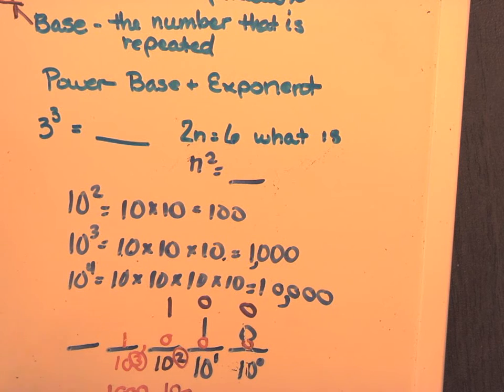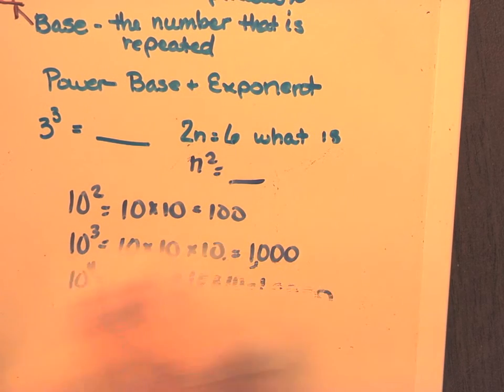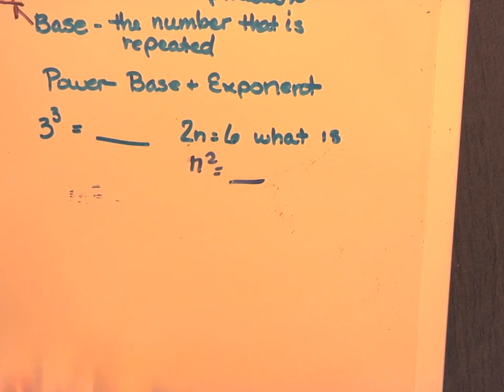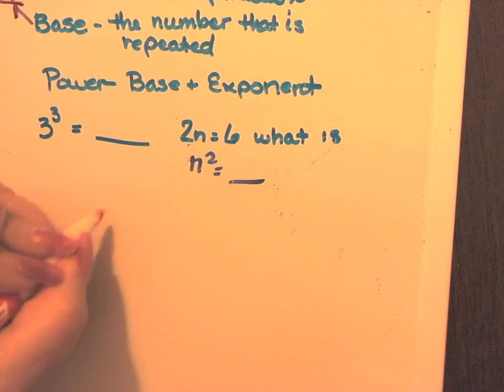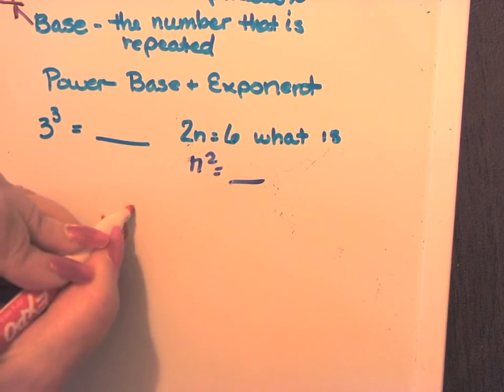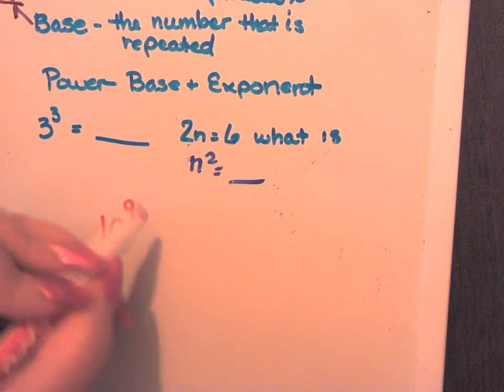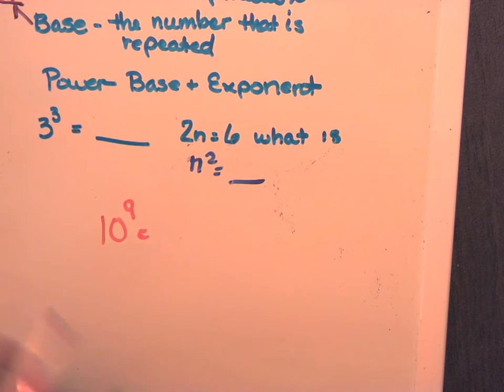Right? So let me see if you can figure this one out. If I have 10 to the 9th power, what's that going to equal? No multiplication. Just tell me what it is.